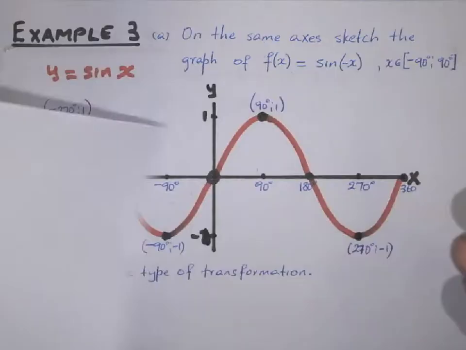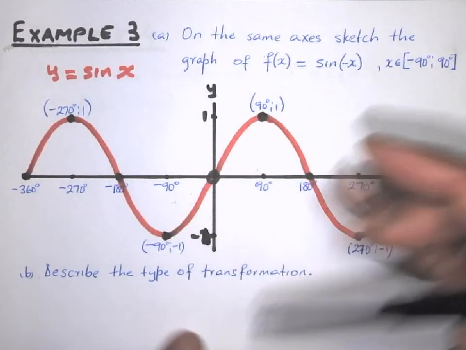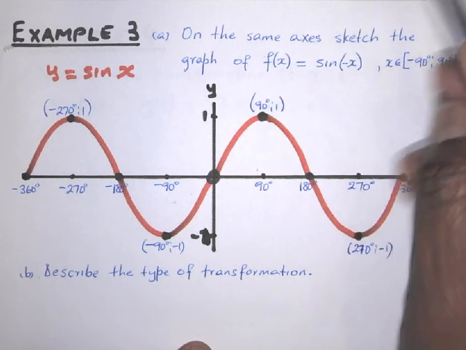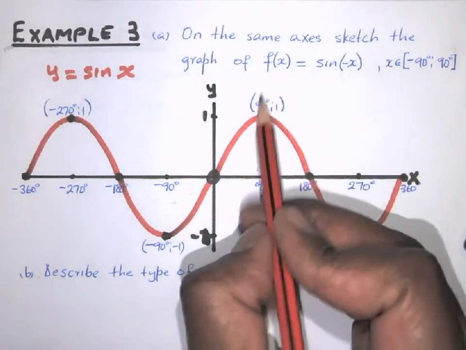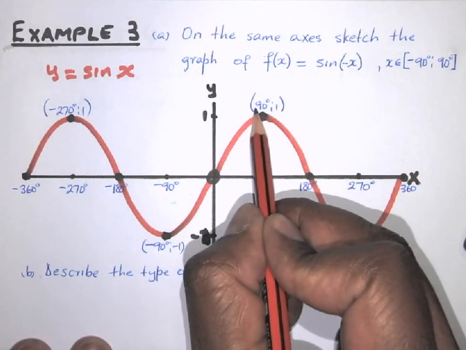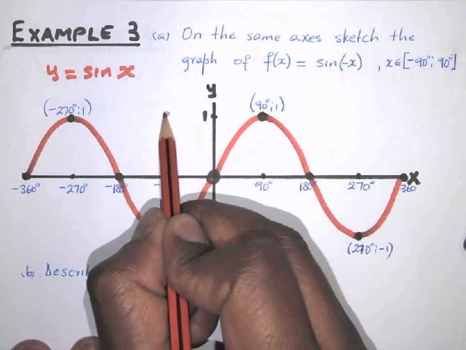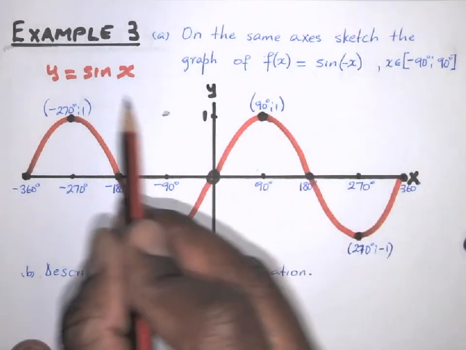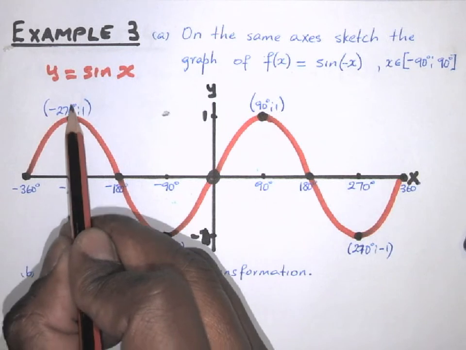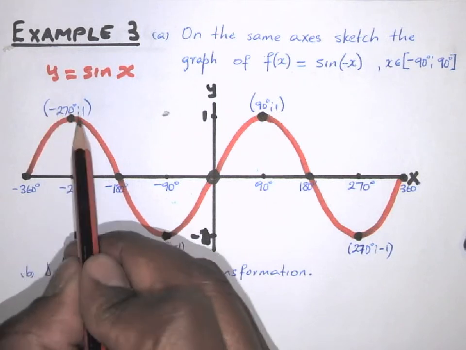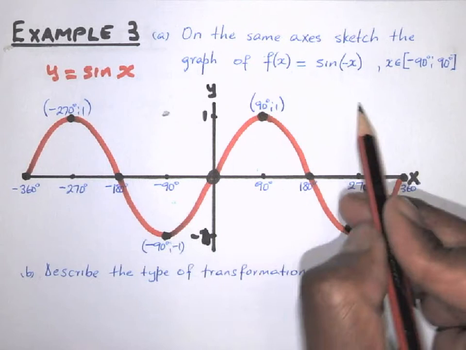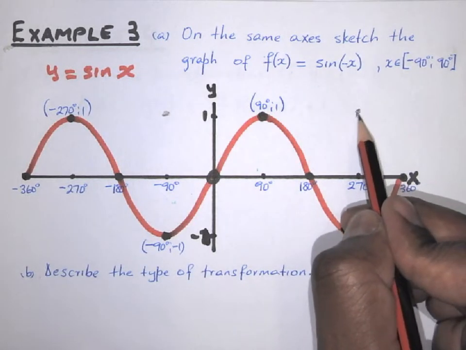So if I were to multiply this x value by negative 1, I'll have a new point here, which is minus 90 degrees is to 1. So the point will be over there. If I multiply this x value by negative 1, I'll have a point which is 270 is to 1. So the point will be up there.